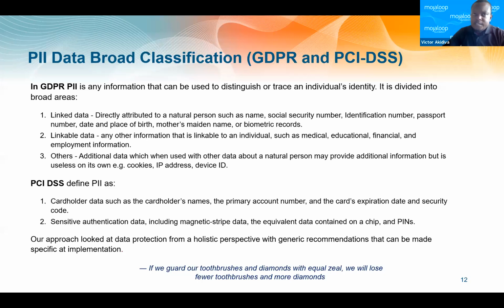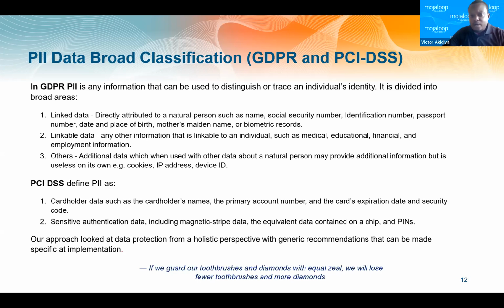Now, there is linkable data which can be used in addition to, or in combination, to identify more information about an individual. And this could be financial data, such as transactional information, as well as medical and employment information, which might not apply in this case. And then finally, we have the technical metadata that can come into play, for example, IP addresses and device IDs, which will also be very important when we look at it from a Mojaloop perspective.